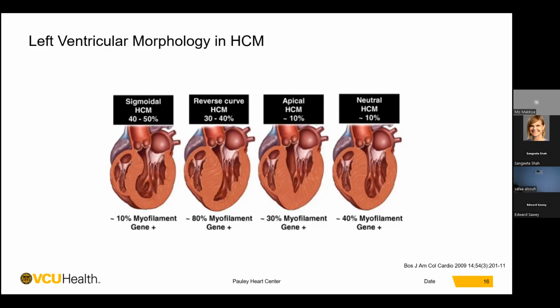And then the last one, you have the concentric HCM, which also comprises about 10%, where you have almost equal thickness of the entire myocardium. And you can have mixed pathology. You can have mixed septal and apical with apical predominance. You have concentric hypertrophy with the septal predominance.